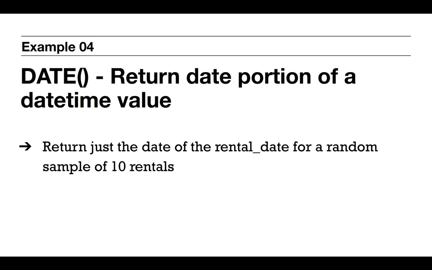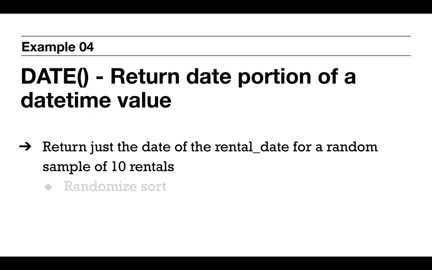To see the date function in action, instead of it being applied to a built-in MySQL function, we'll be retrieving just the date portion of the rental date column, which is a datetime column type. We'll do that for a random sample of 10 rentals.